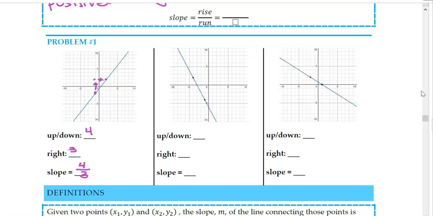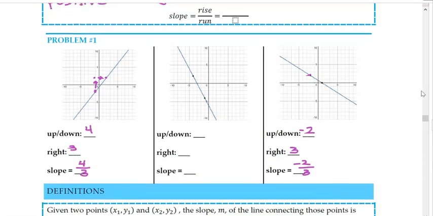Then similarly, on this one, we have this point, and it's going down 1, 2. So it's going down 2, so I need to put a -2 there, and then it's going to the right 1, 2, 3. So my slope here is -2/3. Okay, so we can look at a graph.